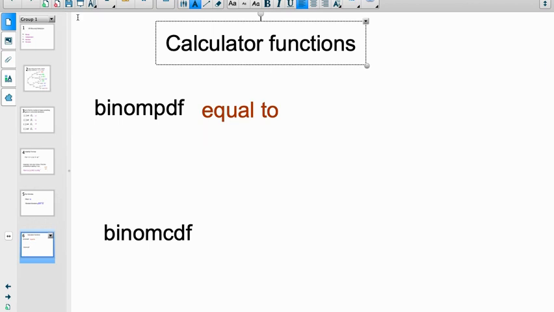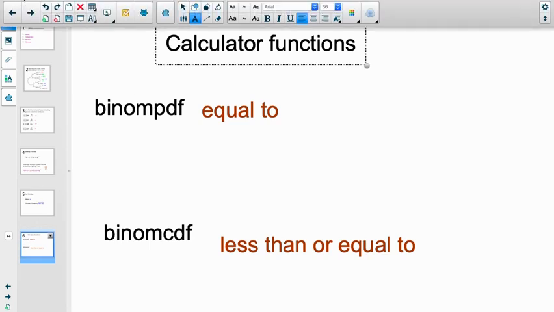That'd be equal to. Now CDF is less than or equal to. So if I roll the die 6 times, find the probability of getting a 2 two or fewer times would be an example of the CDF.